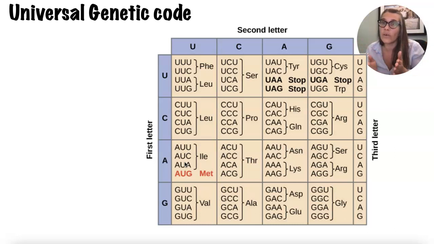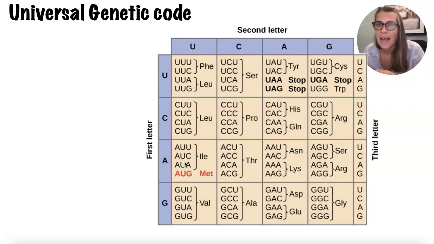Scientists, looking at translation and how organisms make proteins, discovered that there is a specific genetic code. Not just specific, this code is universal. What does that mean?